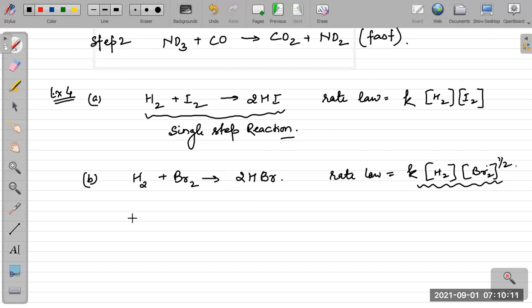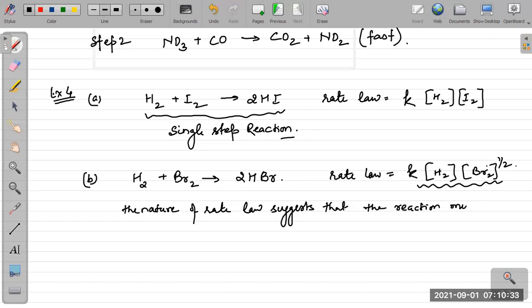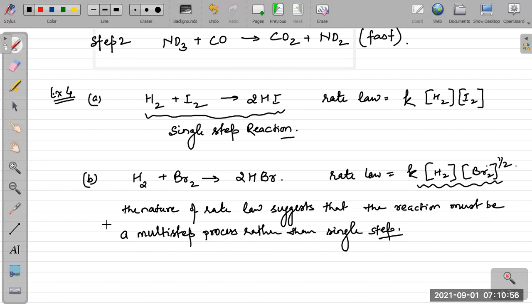The nature of a rate law suggests the reaction must be a multi-step process rather than a single step. Okay.